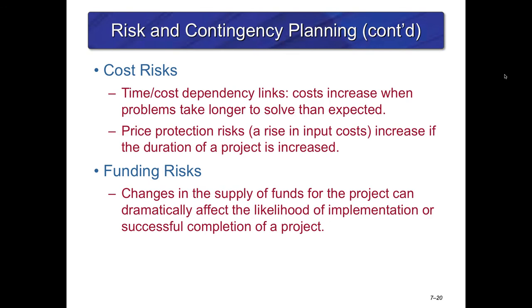That means we have a finite amount of money and the costs go up. We have to figure out a way to cover that. So let's say, for instance, we budgeted $10,000 for the project and we realize halfway through that it's going to take us $12,000. The cost is going up and our money did not, so we've got to figure out a way to come up with that extra $2,000.